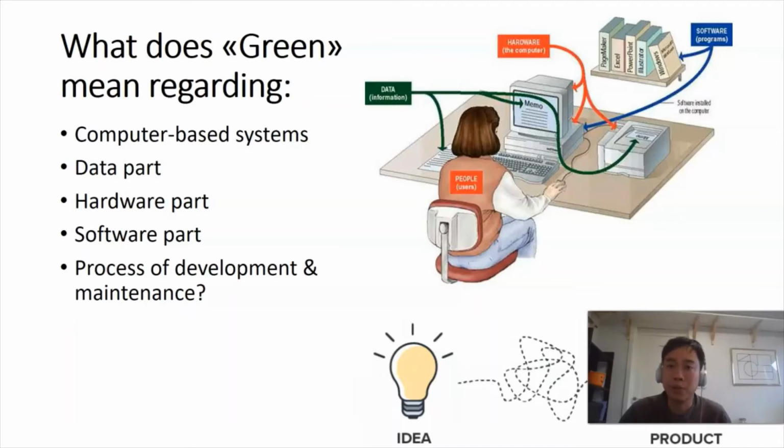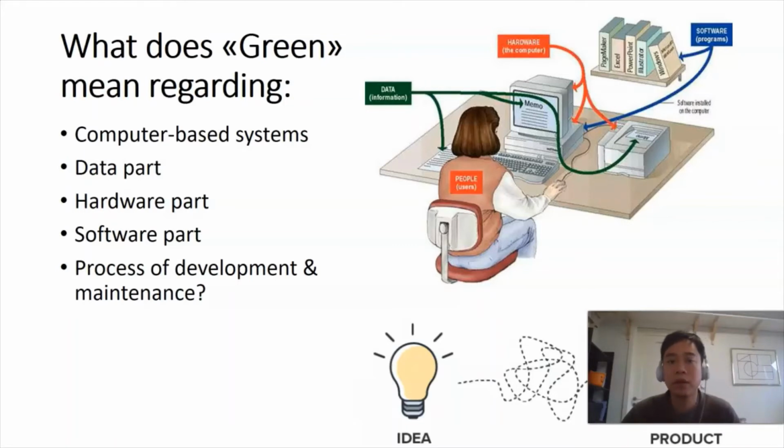You need Microsoft Word, for example, to create and write documents. You need Excel to do calculations and create calculation sheets. And of course, I'm using PowerPoint and a software program that helps me record this video. So this is an essential part of computer-based systems.